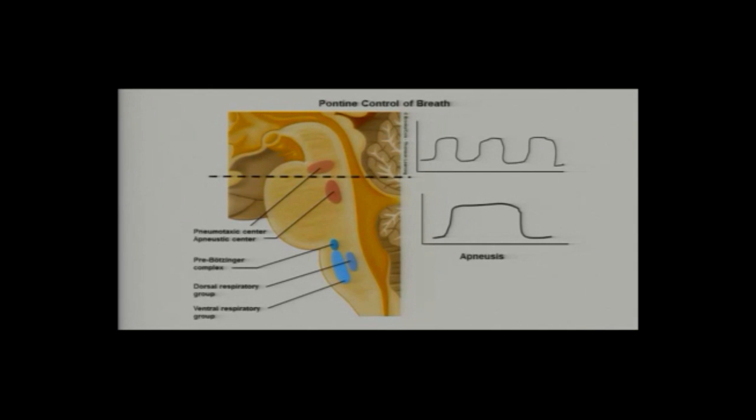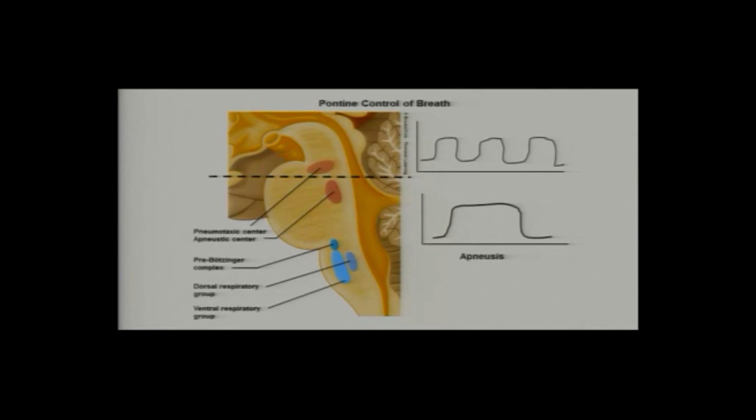So breathing becomes a series of these long gasps. Again, this is usually a result of pretty profound brain injury. The thought is that the brain injury is doing two things that cause this apneusis. It is diminishing the input from the pneumotaxic center.